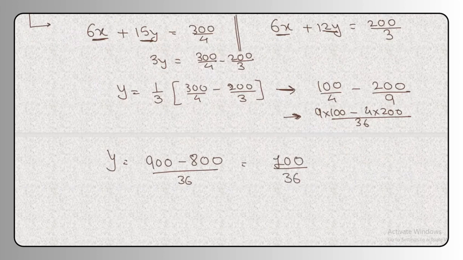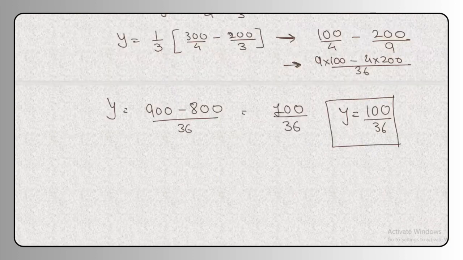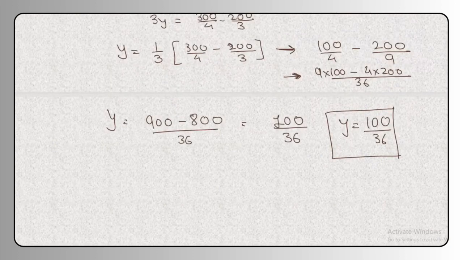There you go. The value of y that we get is 100 upon 36. So 100 upon 36 is the rate at which a boy can do the work. Right? This is the amount of work that is completed by a boy per day.